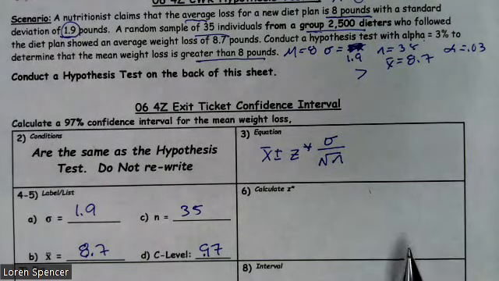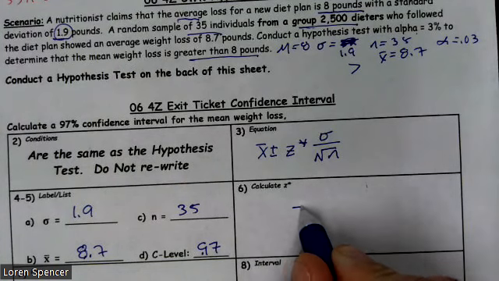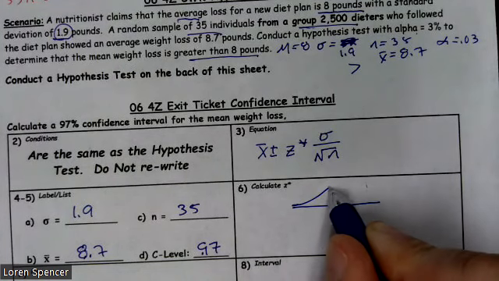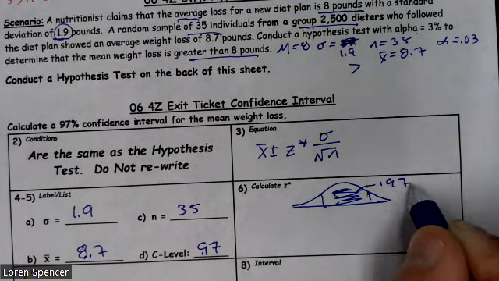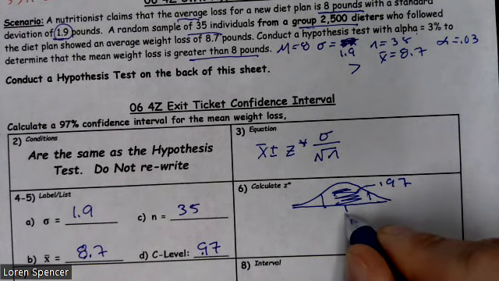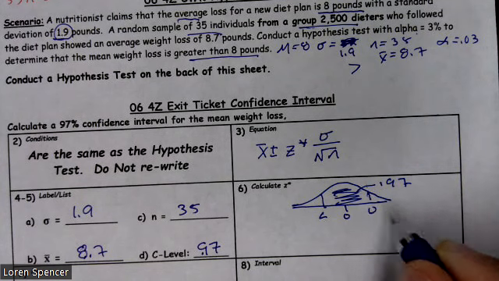All right, calculate z star. In this case, I'm going to have to go to a specific spot on the calculator, but here we go. This needs to be 0.97. And don't forget, z's are always centered on 0, and we need a lower and we need an upper.